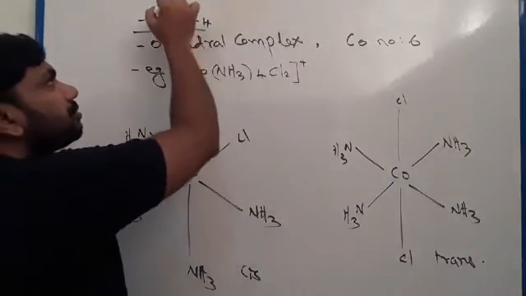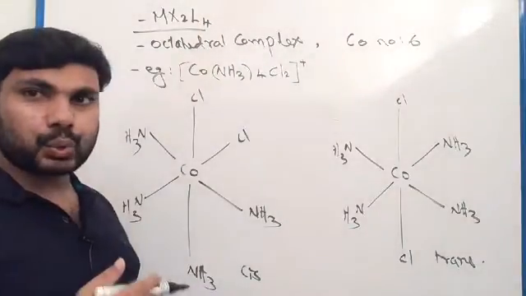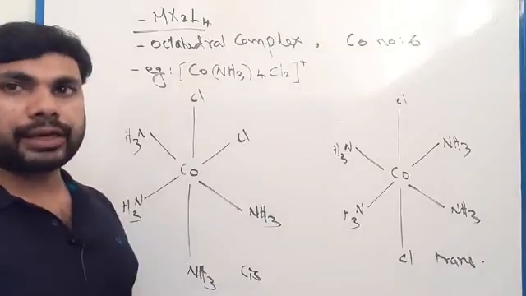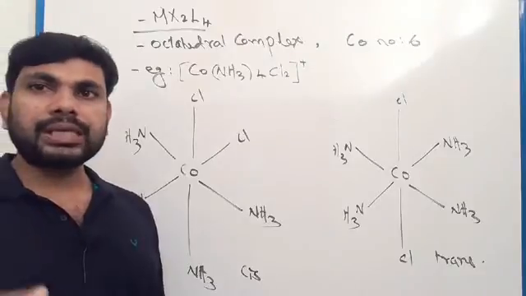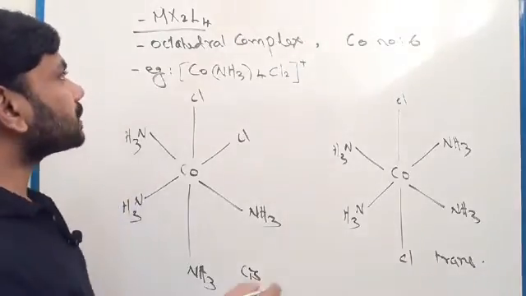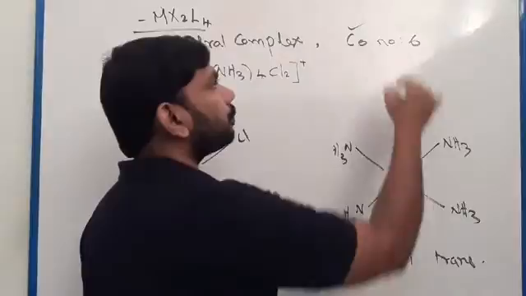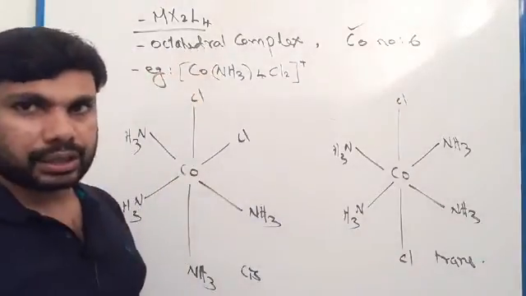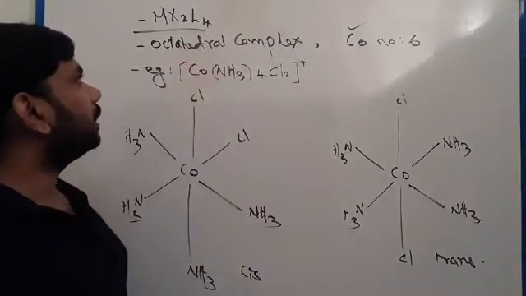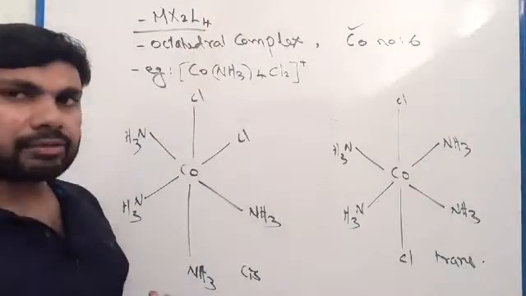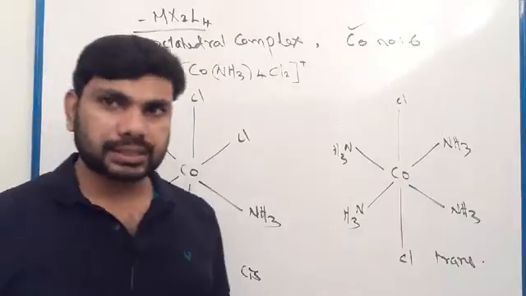X2L4 means the central metal atom with X one type of ligand, 2 X, and 4 L. Totally 6 ligands, so this is a coordination compound with coordination number 6. Here 2 ligands, here 4 ligands, total 6 ligands. So this is an octahedral complex with coordination number 6.